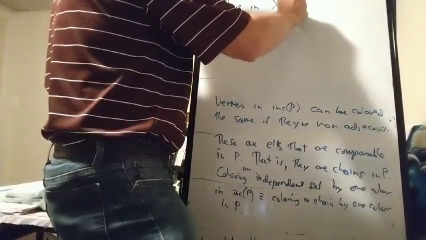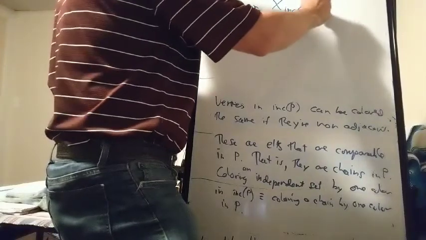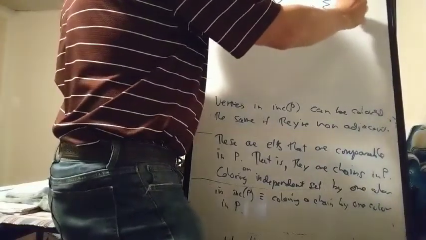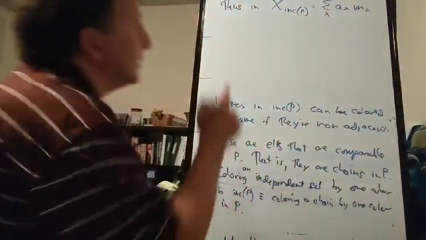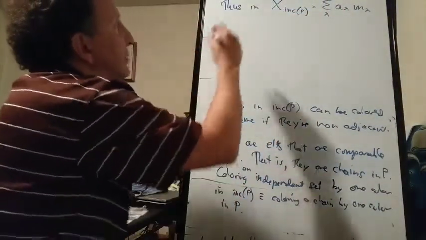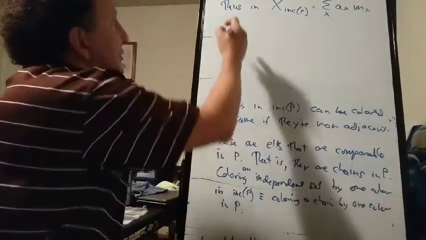So if we write this definition again, these coefficients A lambda can be interpreted in terms of coloring chains.